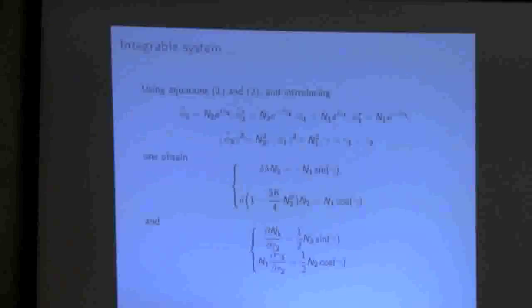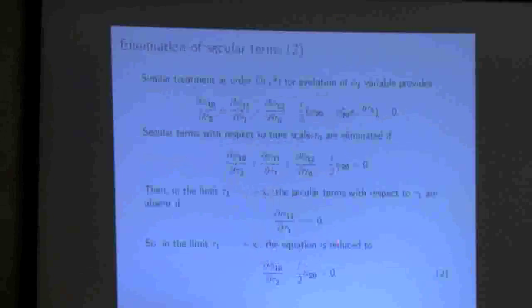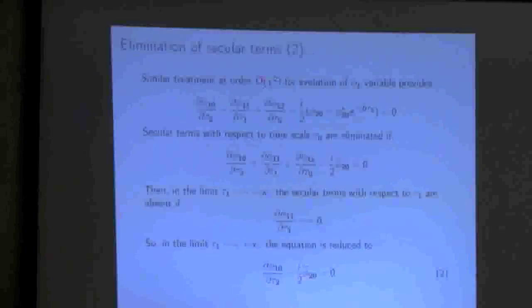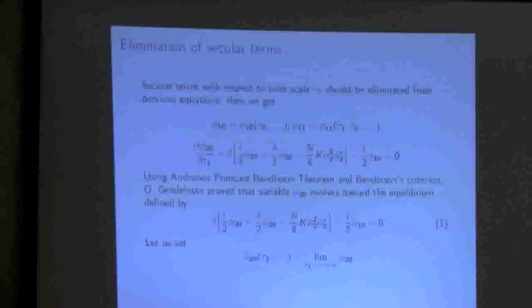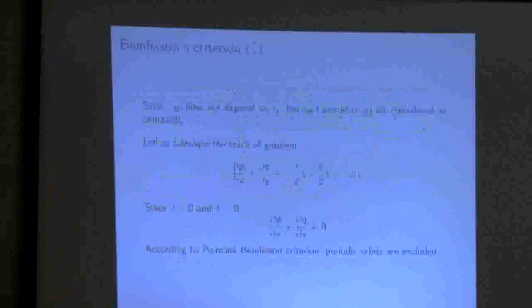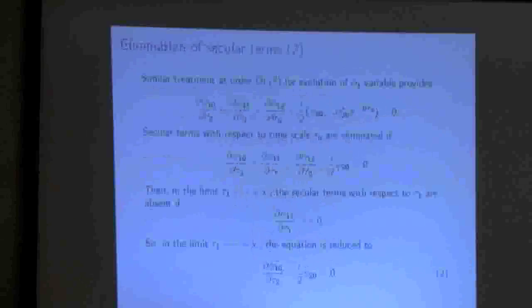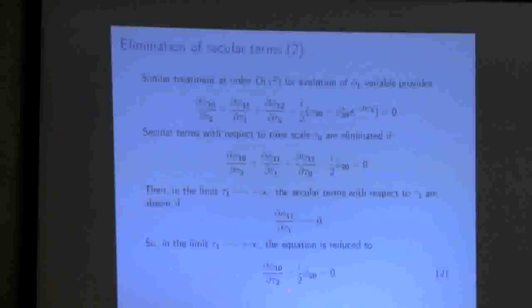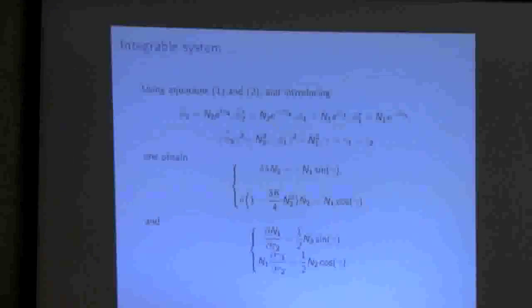Now I can use this equation at this order. Here you see it is the equilibrium state, and here it is the evolution equation but versus tau 2. I can use these two equations. Then I can write phi 2 tilde, which corresponds to the amplitude, if we wait long enough, of the complex variable phi 2.